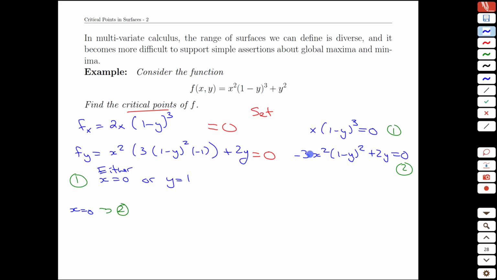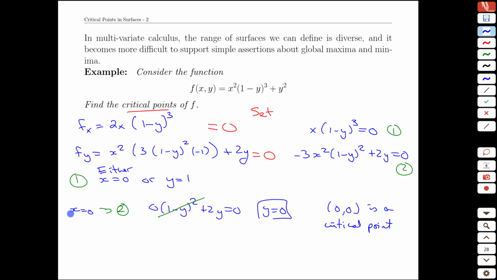That'll give us 0 for this term, times (1 minus y) all squared, plus 2y equals 0. Well, that 0 multiplier wipes out that entire first term, and we get y equals 0. So (0, 0) is a critical point. We're combining our y value of 0 with the x equals 0 that led to it.